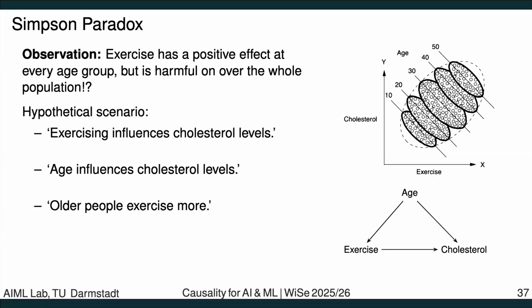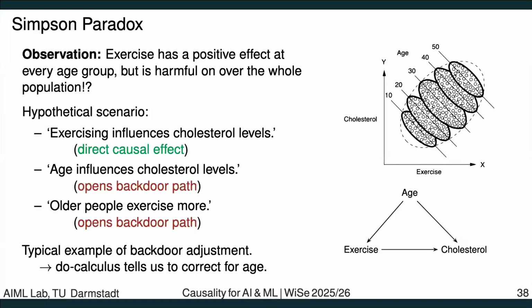But in any way, if you get those structures, you might run into this paradox where regressing on the joint distribution might give you incorrect estimates or coefficients.